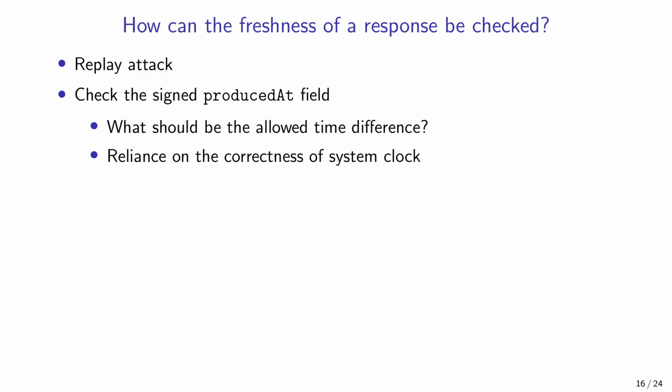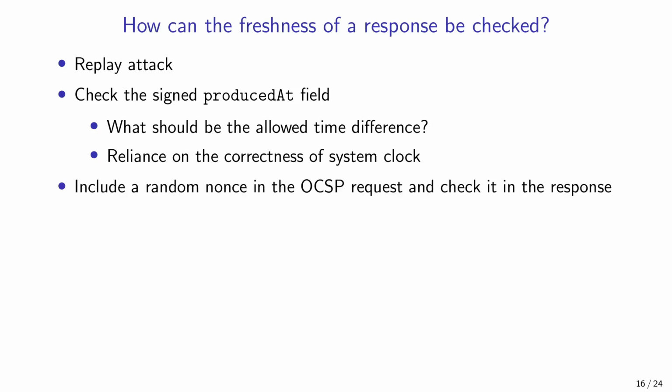An alternative way to check the freshness of an OCSP response without the need to rely on the time is to include a random nonce in the OCSP request and check it in the response. So there is an optional OCSP nonce extension.